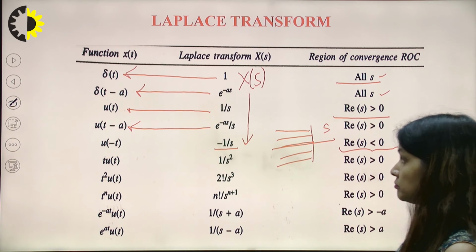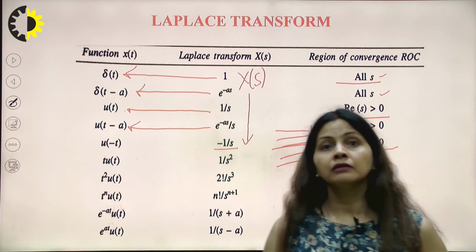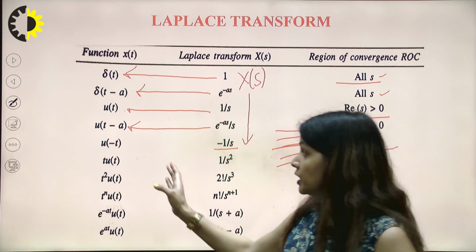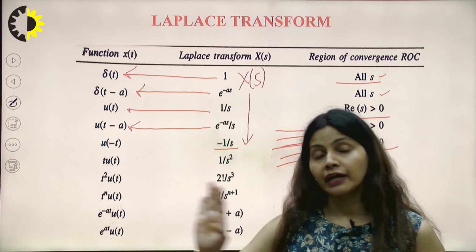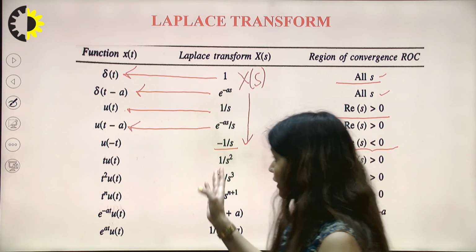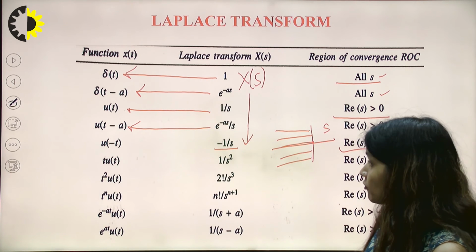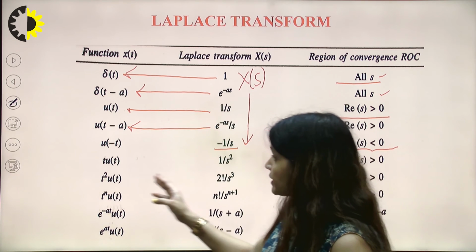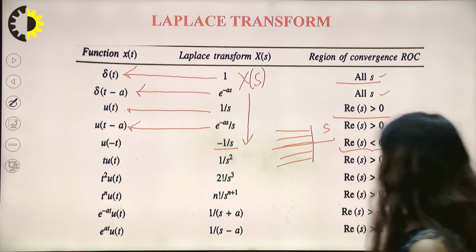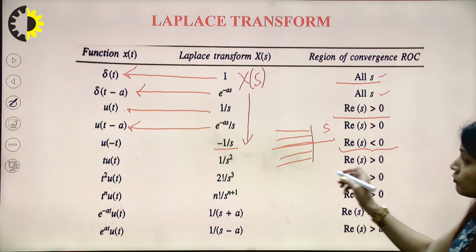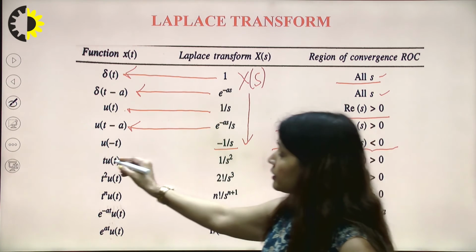So the system is anti-causal because all the values are lying on the negative side for t less than 0. So for t u(t), this is also the inverse Laplace of 1 upon s square.